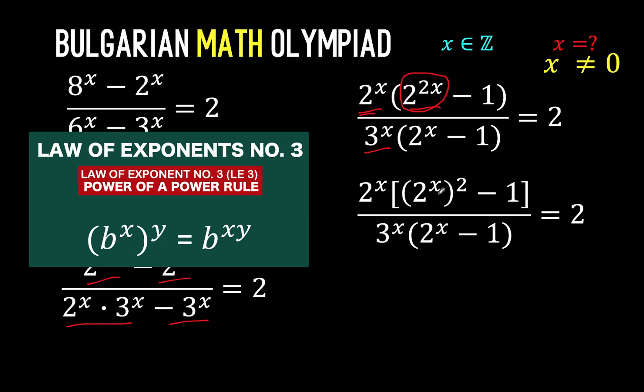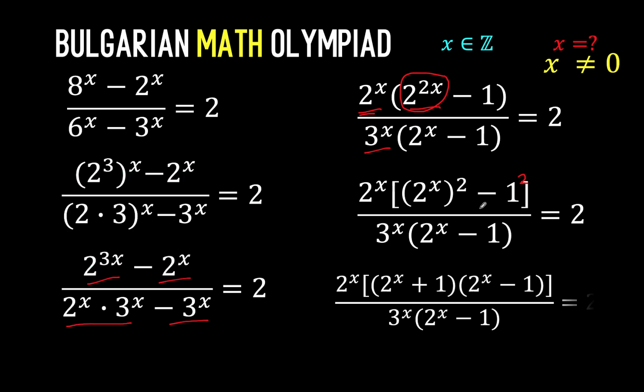Why are we doing this? Notice that 1 can also be written as 1 squared. And therefore, we now have here a difference of 2 squares, which we can factor like this: 2^x plus 1, that is the first factor, times the same 2^x minus 1, applying the difference of 2 squares identity.